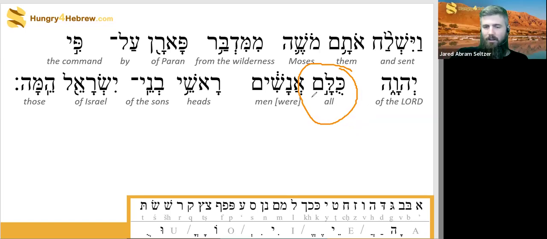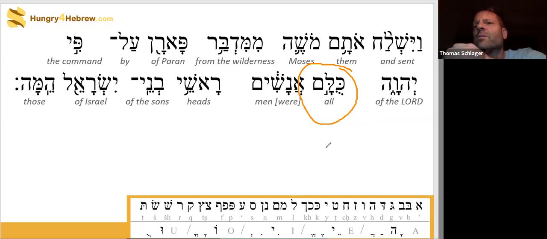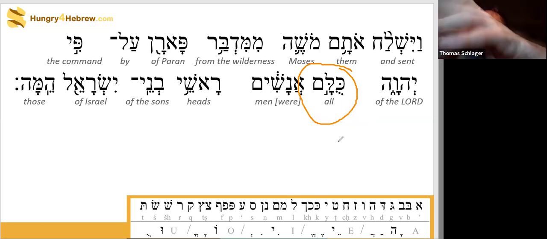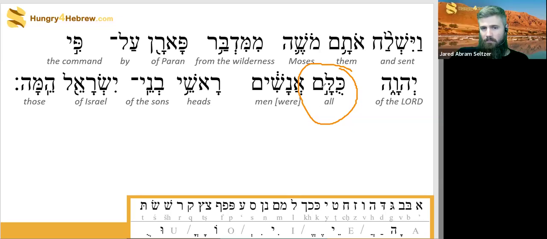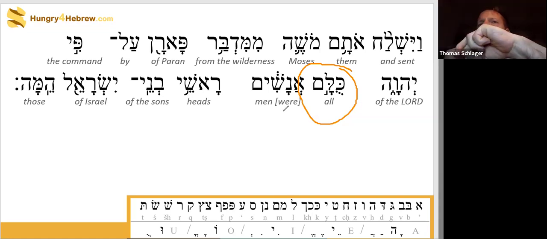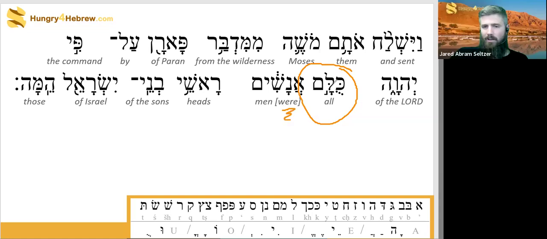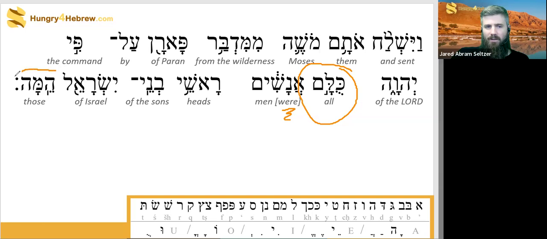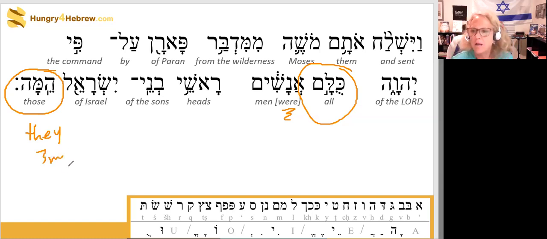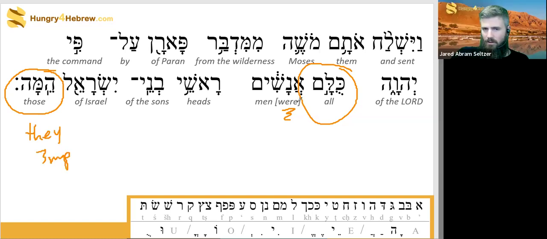Absolutely. And translating is not so good, but with anashim, well, all of them, men. You can see the "were" is implied: all of them were men. I would actually say it's because of this right here, the 3MP, that I know this is a sentence. Kulam anashim rashi b'nei Yisrael hemma.